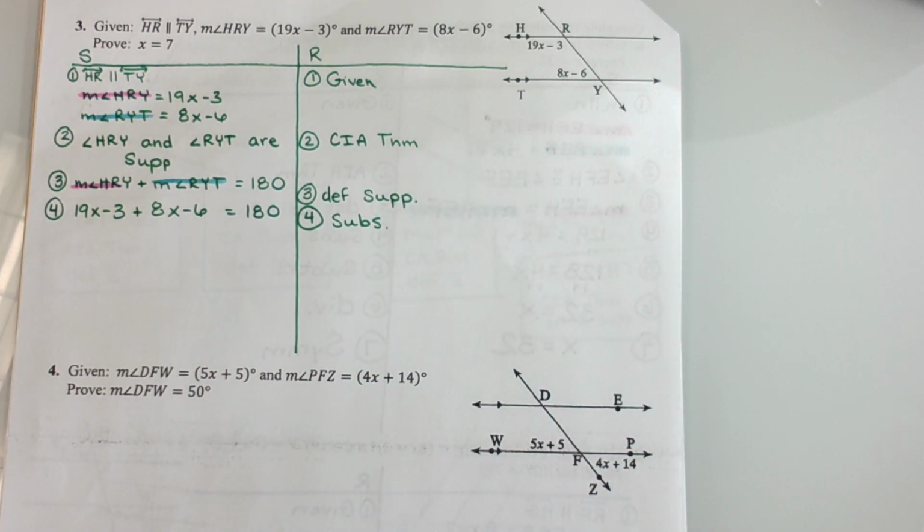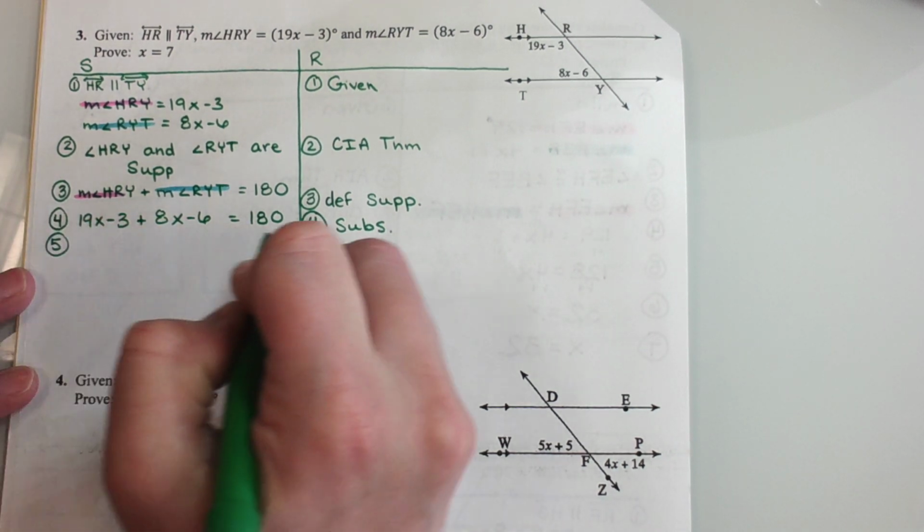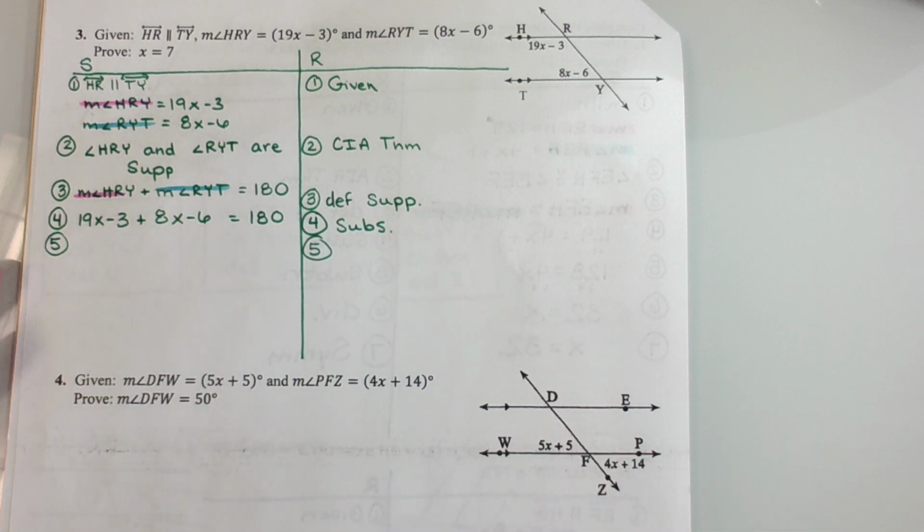We'll talk about transitive property a little bit more in the future. That one comes up more in chapter 5. And from here I'm doing algebra. Zion, this is my equation. What would you tell me to do next with it?